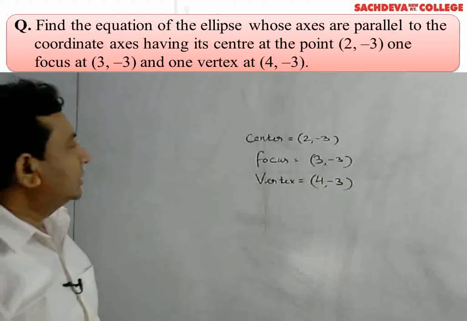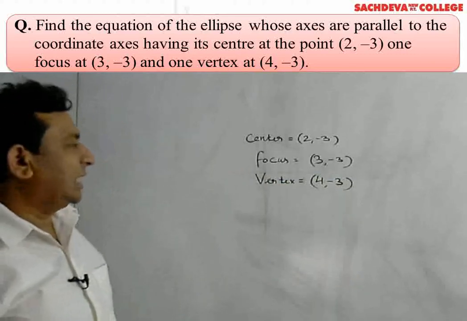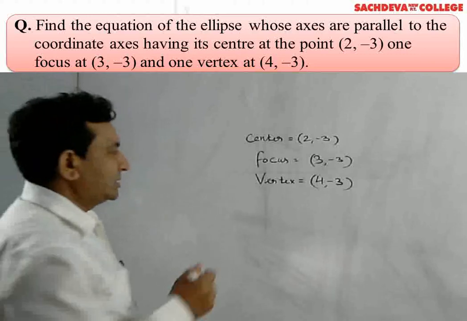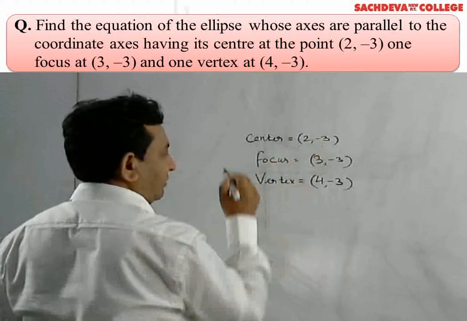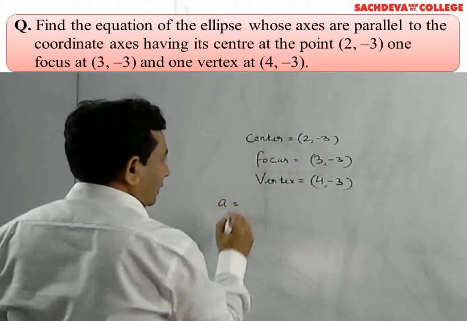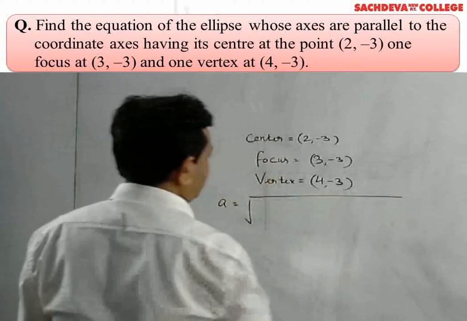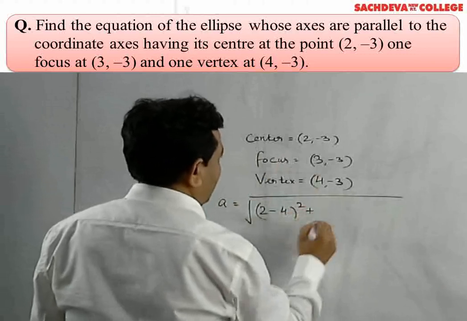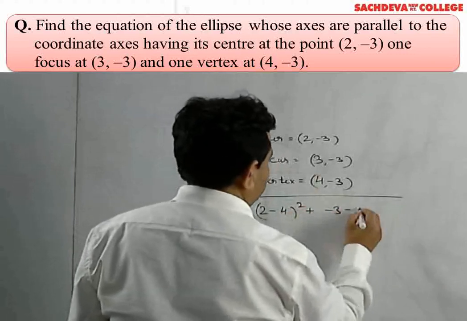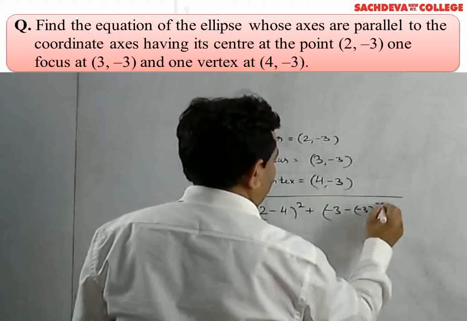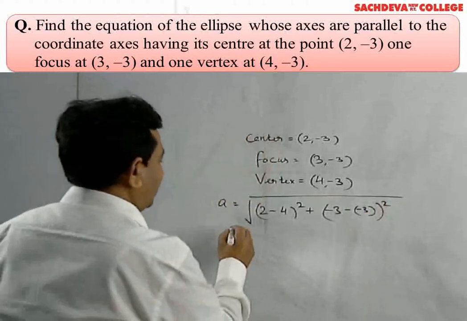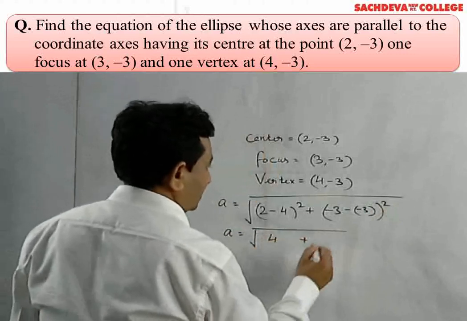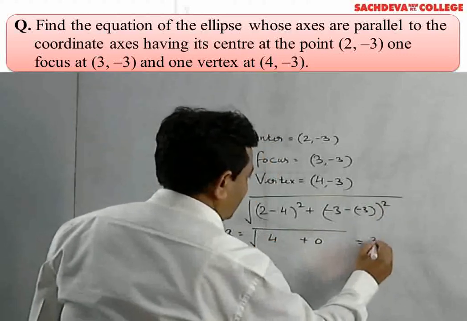We know that distance between center and vertex is length of semi major axis. It means distance between center and vertex will be a, which will be equal to under root 2 minus 4 whole square plus minus 3 minus minus 3 whole square, or will be equal to 4 plus 0, or will be equal to 2.